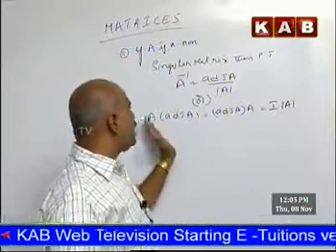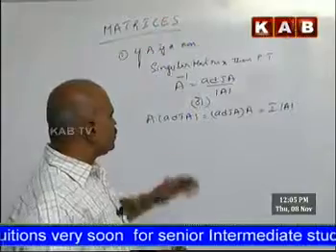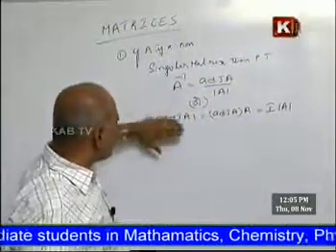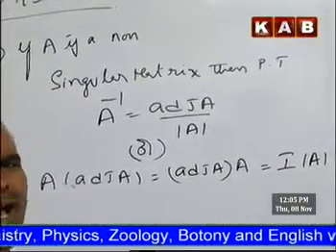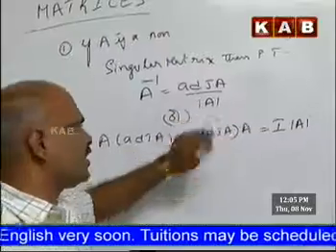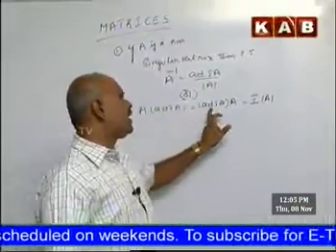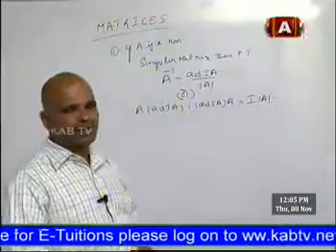You may prove either this one or this one. Actually, to prove this you also have to prove the other. So this question can be asked in two ways: either A inverse is adjoint A by det A, or A into adjoint A is equal to adjoint A into A is equal to det A into I. So these two ways. Right.